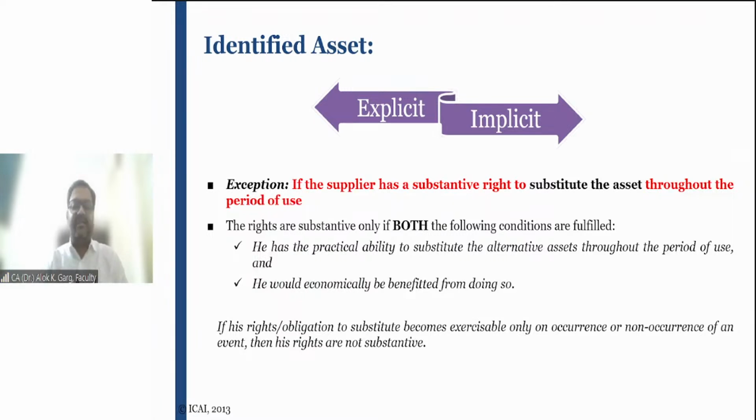Now the question arises, sir, if the lessee is paying a rental, the lessor is receiving a rental, and you are saying that from the lessee's perspective it is not an identified asset, then where does the accounting go? In that case, the accounting will not happen as per Ind AS 116. The lessee can do expense accounting: when paying the rental, the lessee will debit rental expense and credit the bank account.